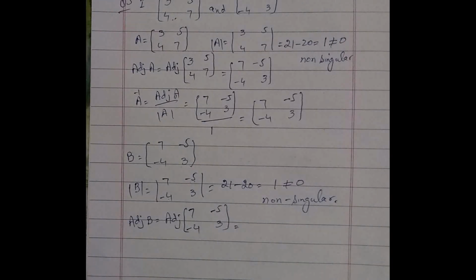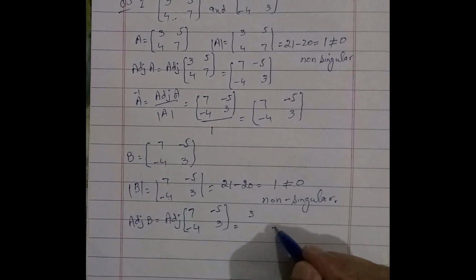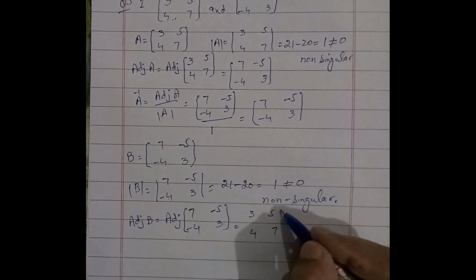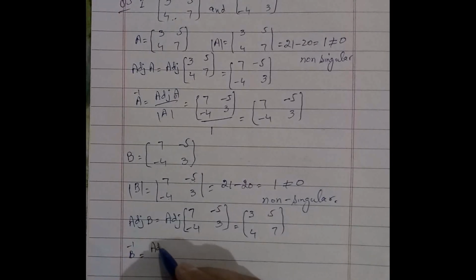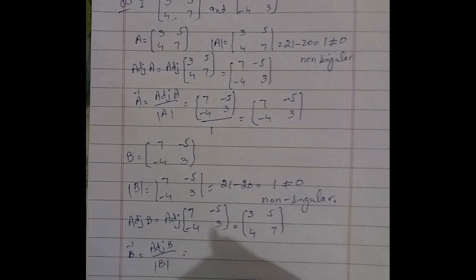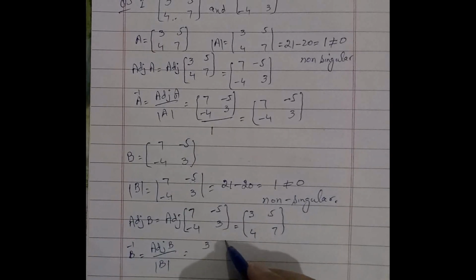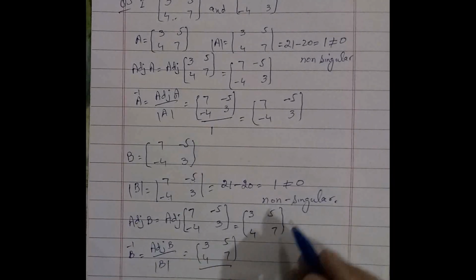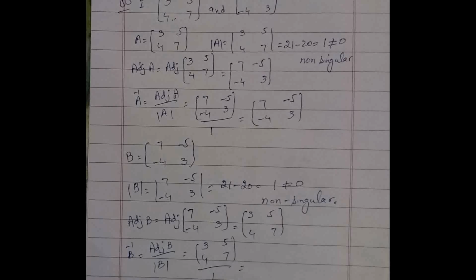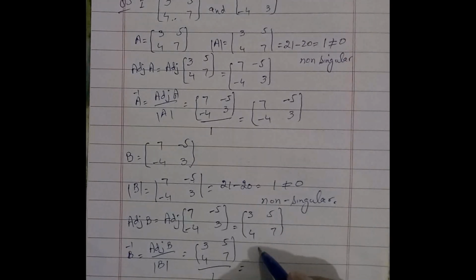Then the adjoint of B is 3, 5, 4, 7, and B inverse is equal to adjoint B over the determinant of B. Adjoint B is equal to 3, 5, 4, 7, and the determinant of B is equal to 1. So we divide adjoint B by the determinant of B, and we get 3, 5, 4, 7.